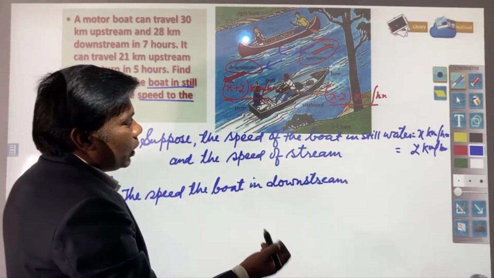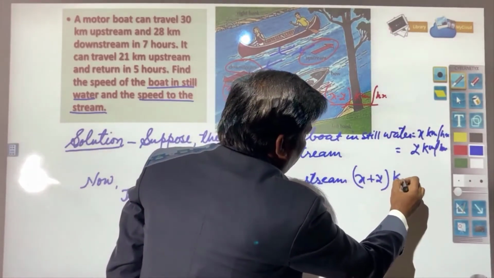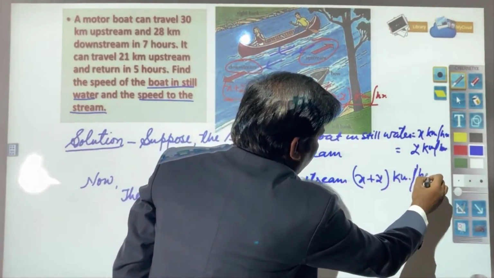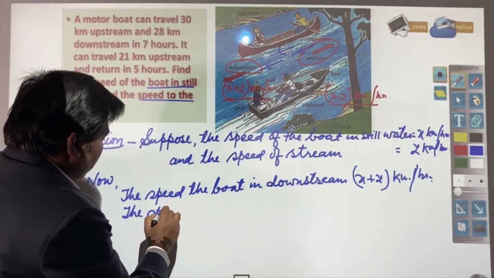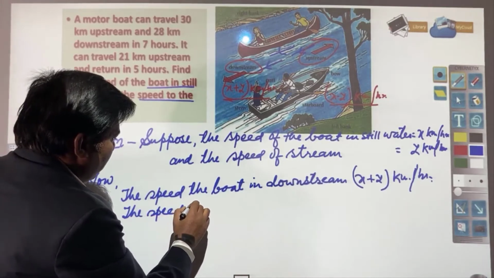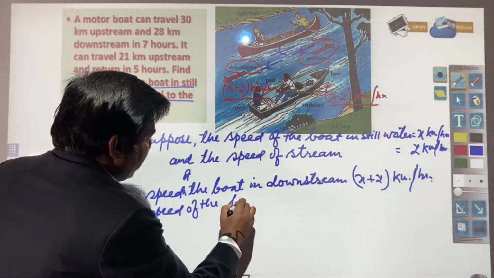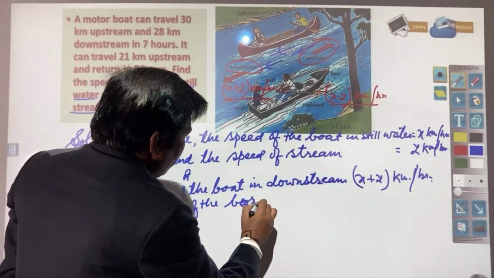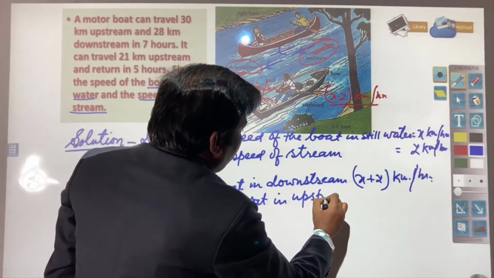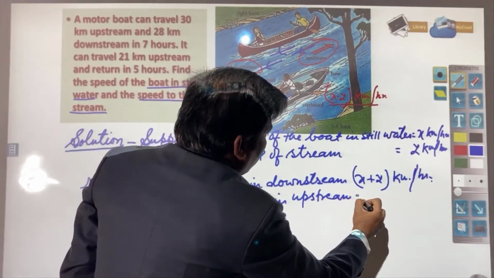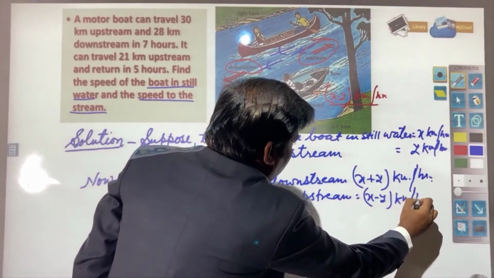The speed of the boat in downstream will be x plus y km per hour, and the speed of the boat in upstream will be x minus y km per hour.